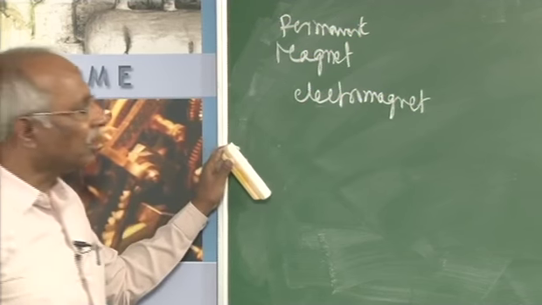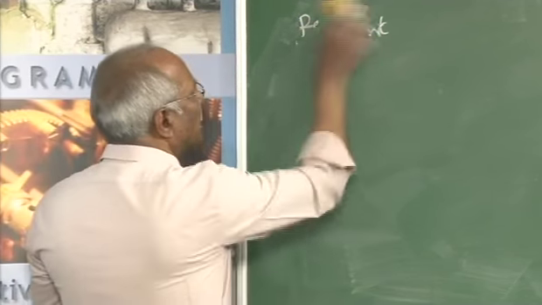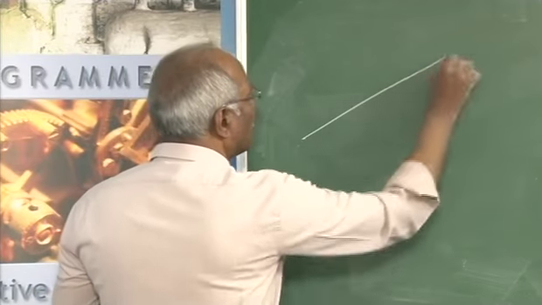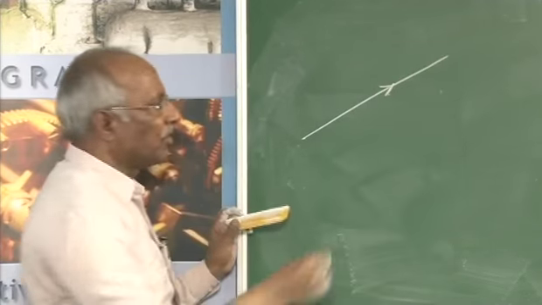What's this electromagnet? It has been found that whenever a conductor carries current, it produces the flux.